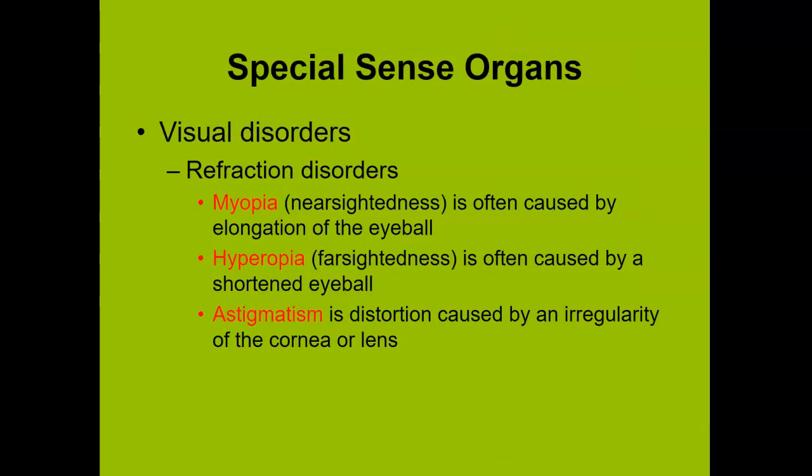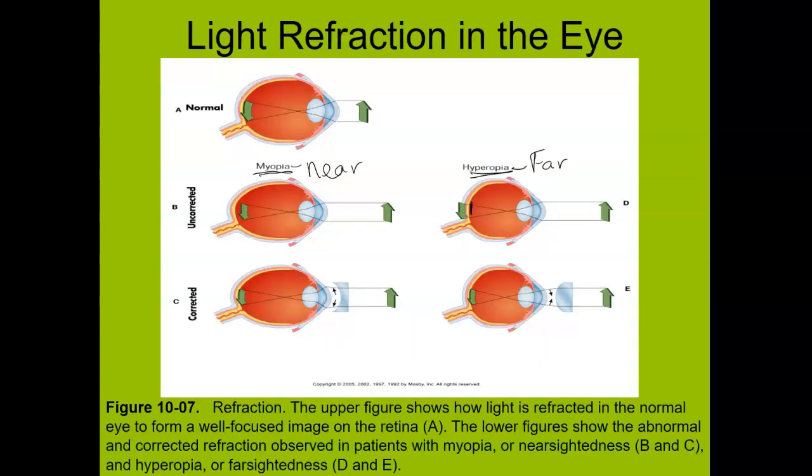We already talked about myopia, hyperopia. Astigmatism is a distortion in the lens or the shape of the cornea. And so instead of being a rounded cornea, you can have a cornea that actually looks kind of like a barbell shape.